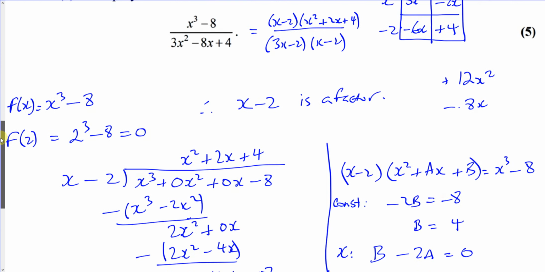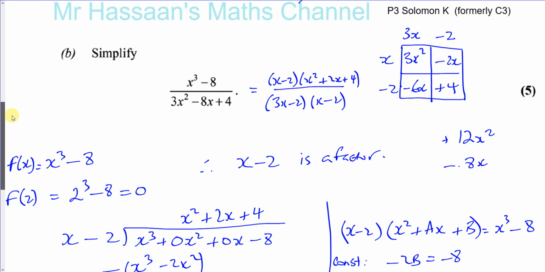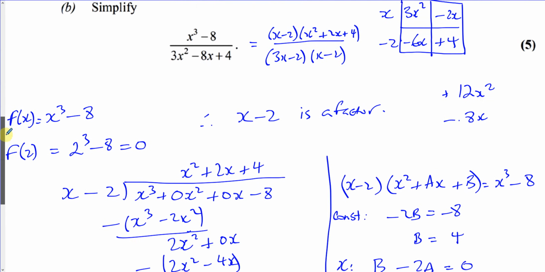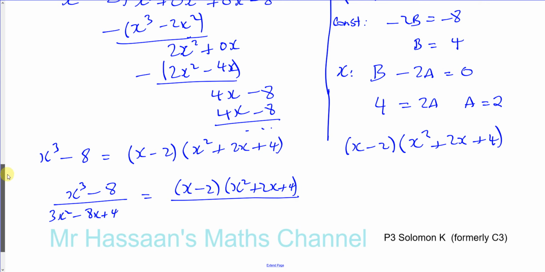Let me write out that question part again. You've got x cubed minus 8 over 3x squared minus 8x plus 4. That is equal to x minus 2 times x squared plus 2x plus 4, divided by 3x minus 2 and x minus 2.